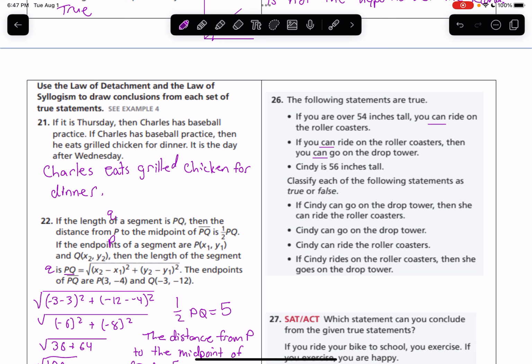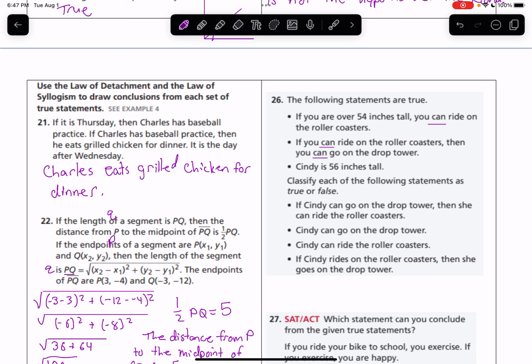Well, let's see. Cindy's 56 inches tall. If she's over 54 inches tall, you can ride on the roller coasters. If you can ride on the roller coasters, then you can go on the drop tower. So this is backwards. This says if Cindy can go on the drop tower, then she can ride the roller coasters.